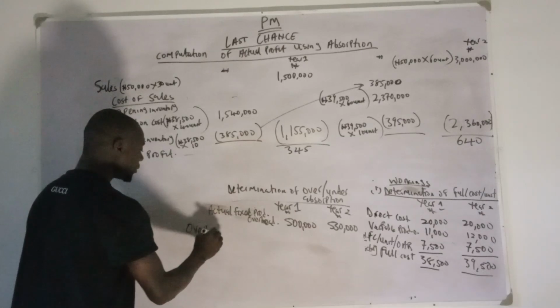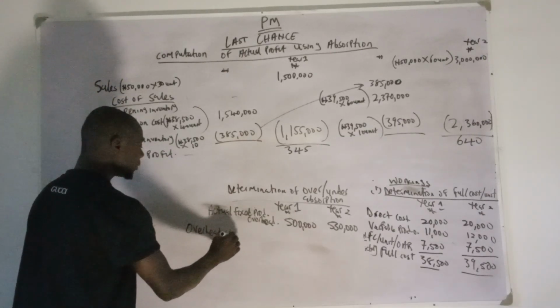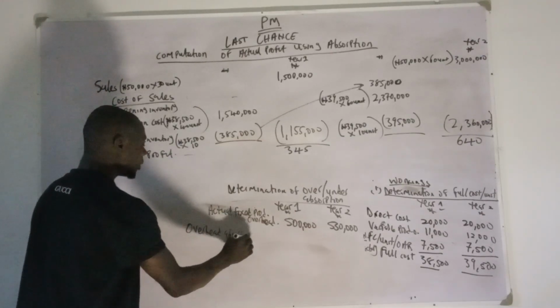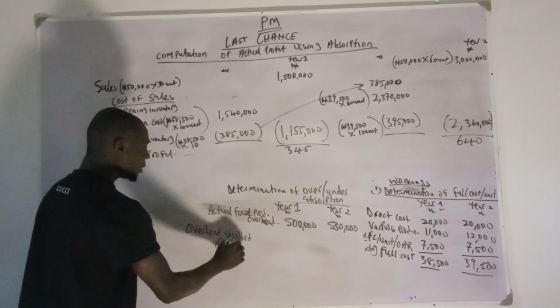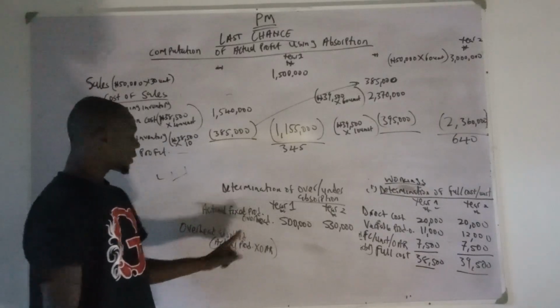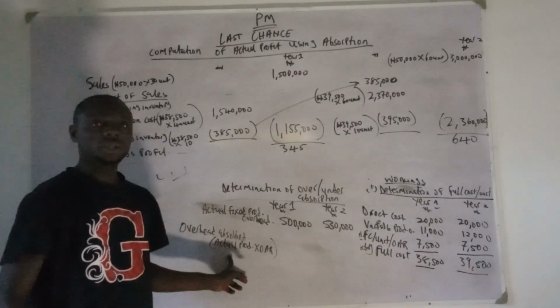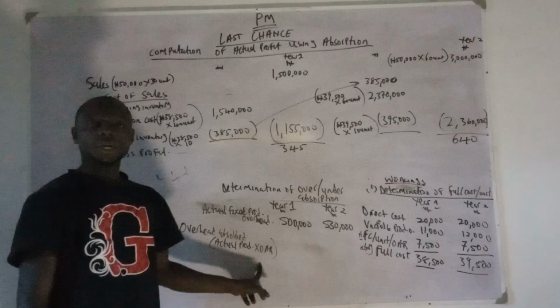Overhead absorbed is calculated as actual production times the OAR.